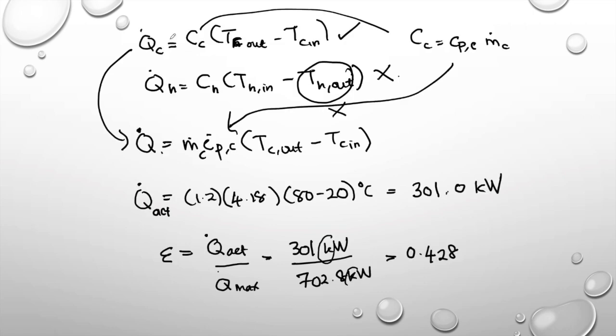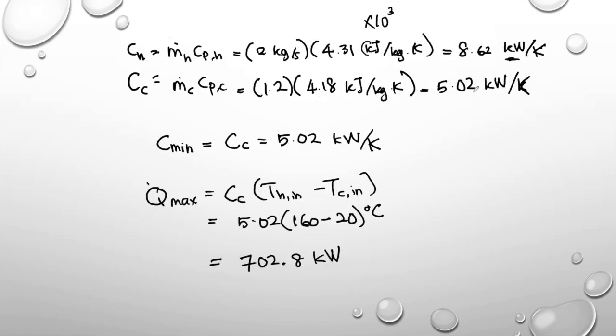Small case c is equal to C minimum over C maximum. You already determined that this is your C minimum, then this will be your C maximum. Please take a look at my cursor, this pen.